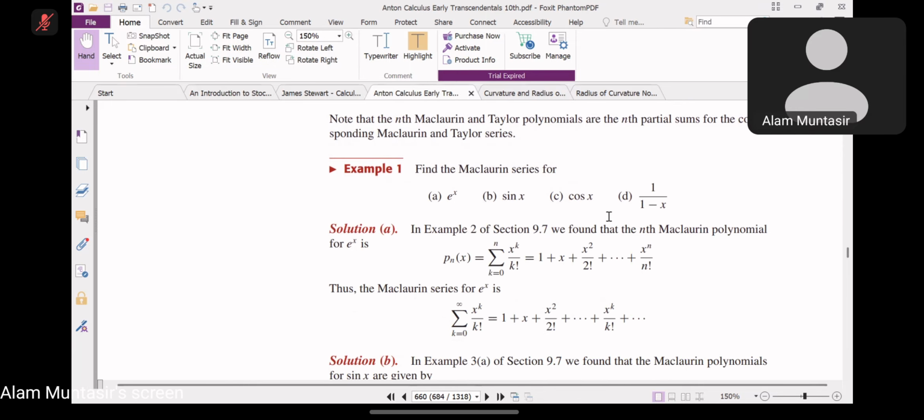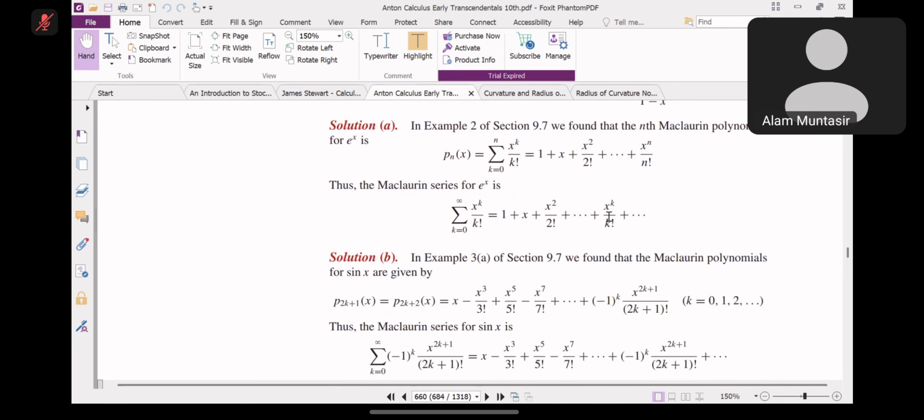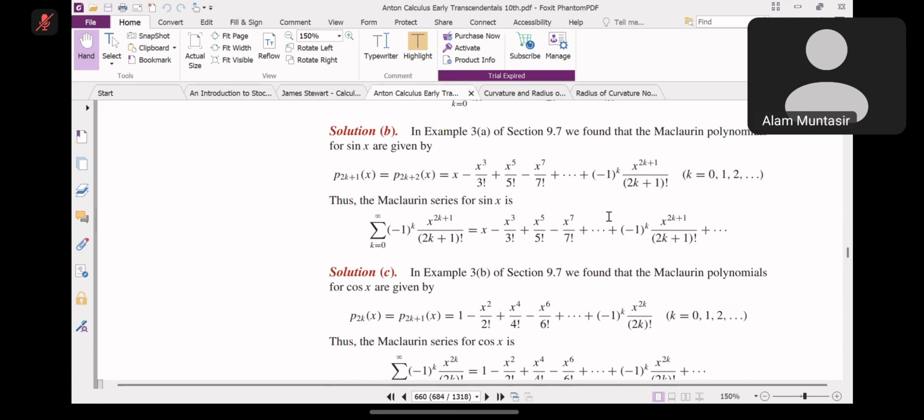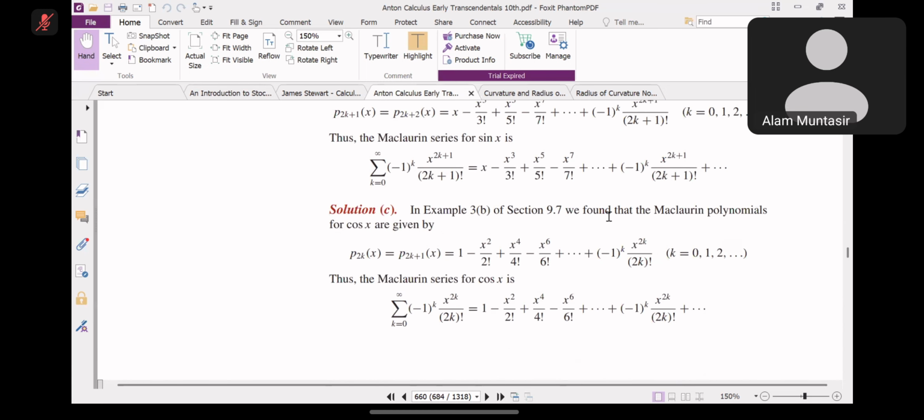And in this chapter, you get to see some well-known expansions: e to the power x, sine x, cosine x, 1 by 1 minus x. These are very common power series expansions. But in this chapter, we will expand the series using the binomial expansion formula.